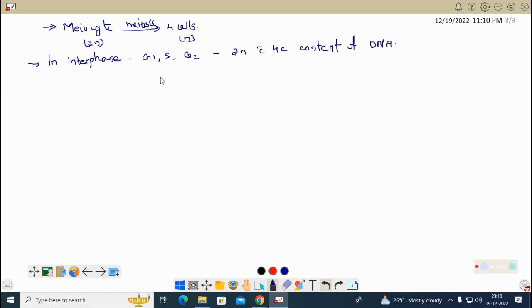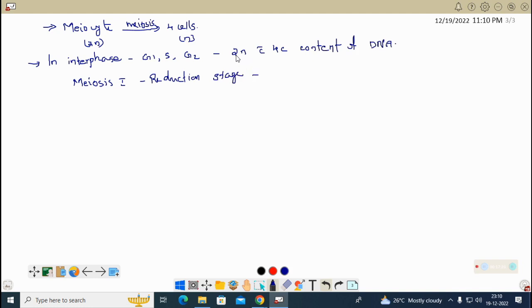Now this meiosis occurs in 2 stages, I said. So meiosis 1 is actually a reduction stage. In the reduction stage, what is reducing? We said the number of chromosomes will be reduced.